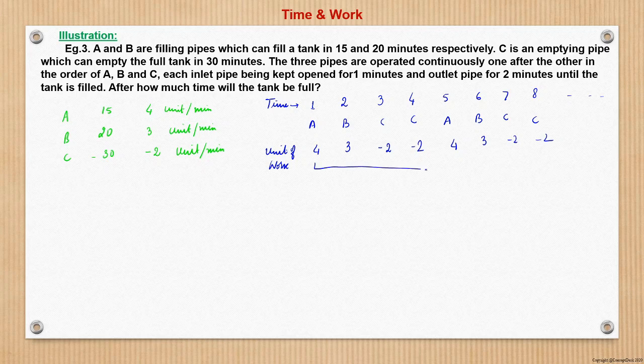So in a set of 4 minutes the total unit of work is 4 plus 3, 7, minus 4, which is 3 units. Right. So we can say here that 3 units are done in 4 minutes. So total number of units is 60 units.